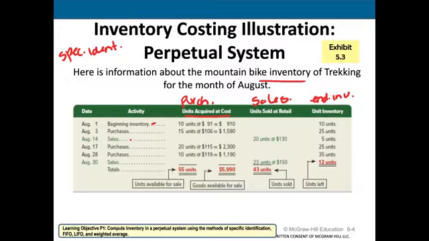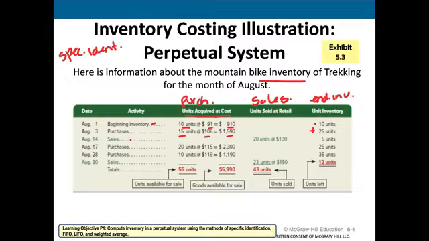On August 1st, they have 10 units at $91, so their beginning inventory is $910. On August 3rd, they purchased 15 units at $106, which equals $1,590. Now their ending inventory is 10 plus 15 equals 25.